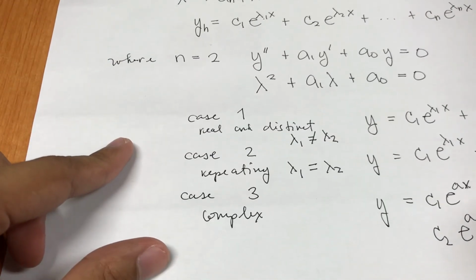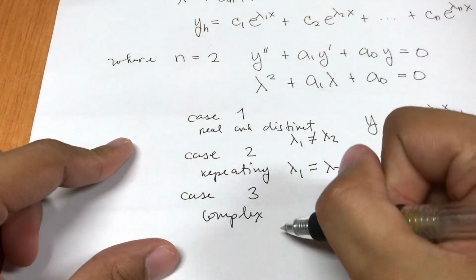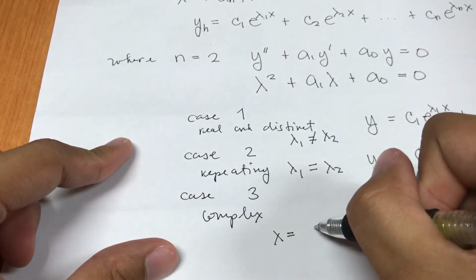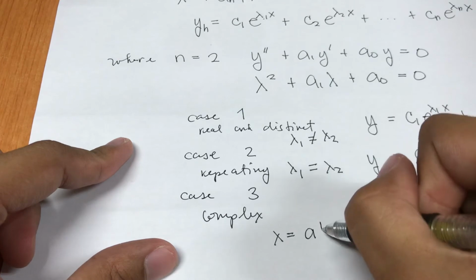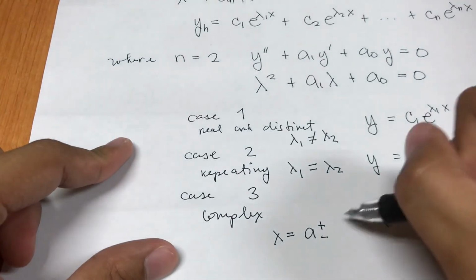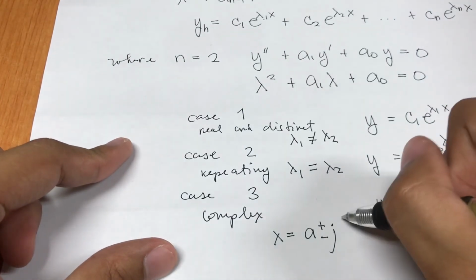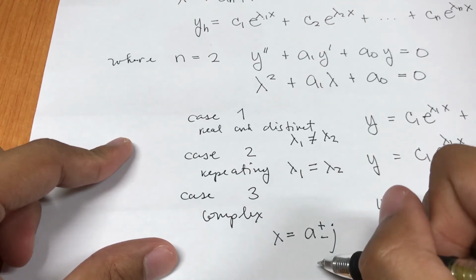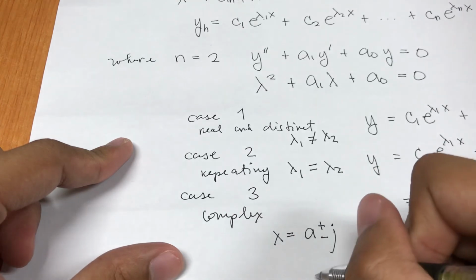Next case is, what if the solution is complex? So, our lambda is equal to the complex conjugate a plus minus bj. I use the letter j to denote the square root of negative 1.